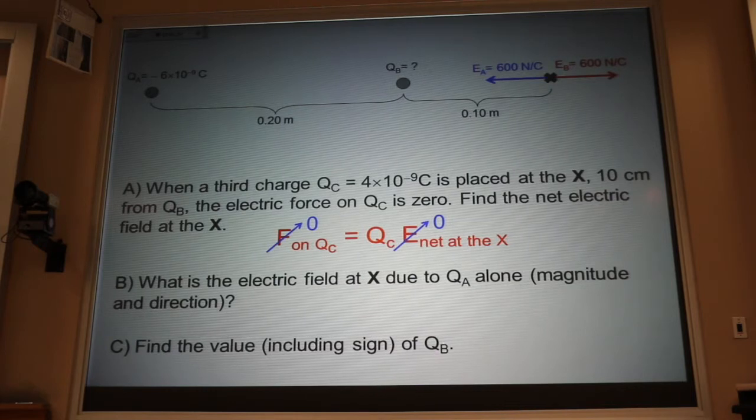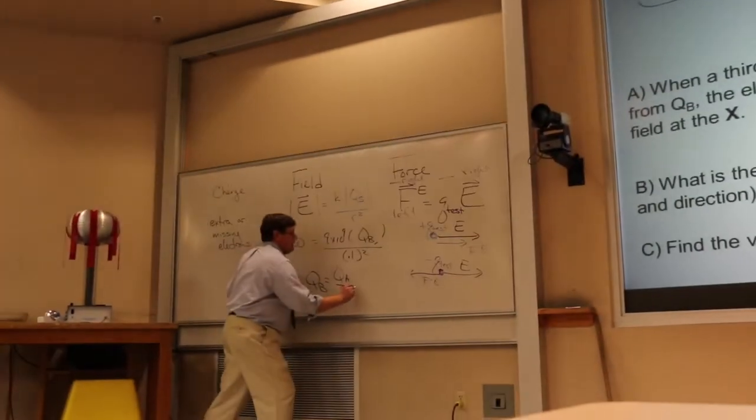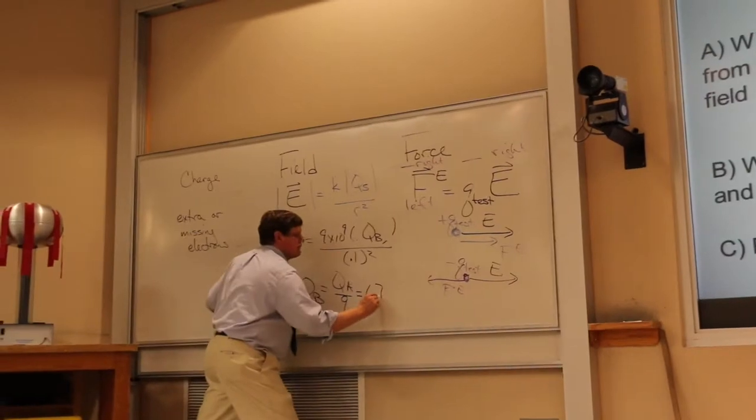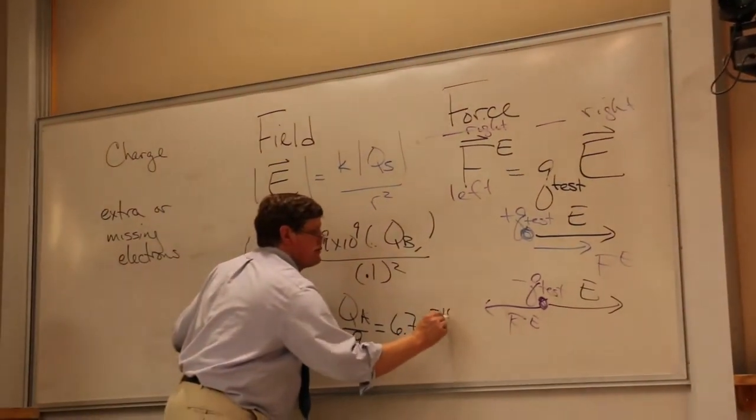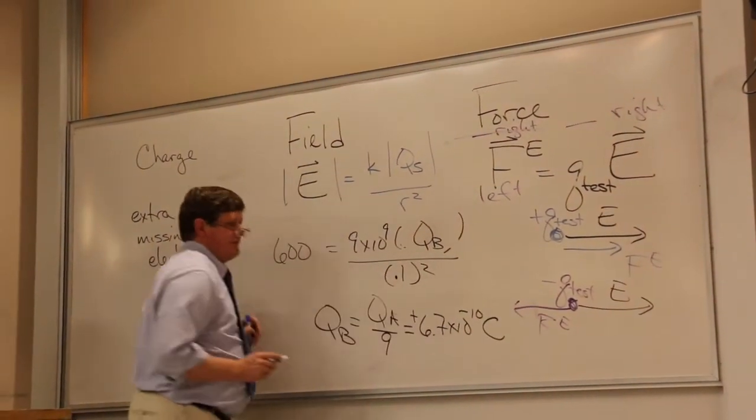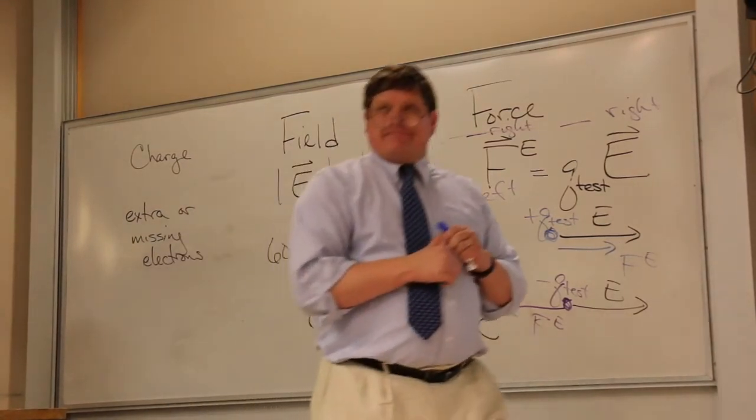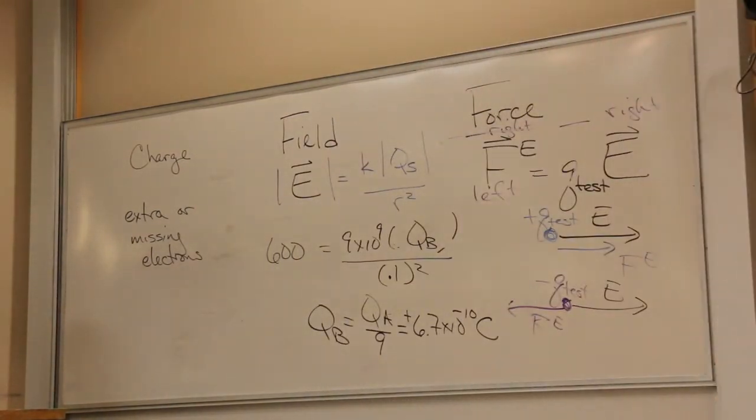What distance would I use there? 0.1, because it's only 10 centimeters away from the X. And if I solve that for QB, what I find is that I get QA over 9, which is 6.7 times 10 to the minus 10 coulombs, and it's positive. Now, that's the plug and chug way. Let me show you another way.